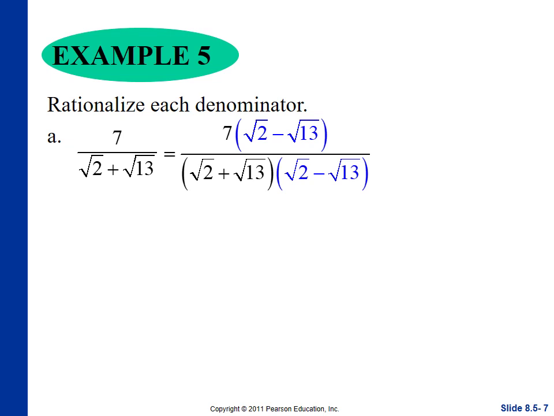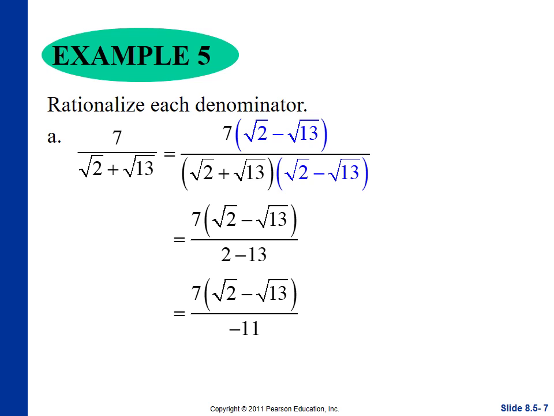Now when we multiply that through, you'll see that it becomes 7 times the quantity square root of 2 minus square root of 13 over 2 minus 13. So this becomes 7 times the quantity square root of 2 minus square root of 13 over negative 11. If you wanted to take that further, you always could. And this could be 7 square root of 2 minus 7 square root of 13 over negative 11.